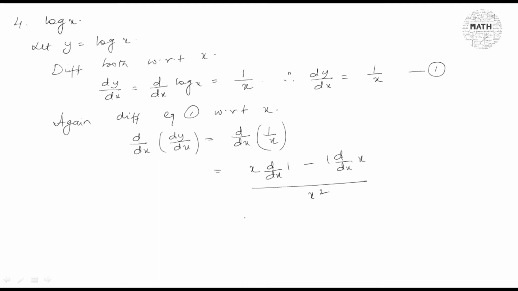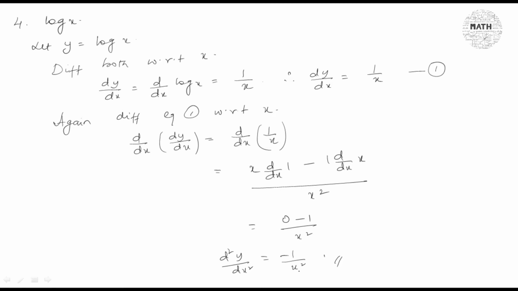Which would be nothing more than 0 minus 1 divided by x square. So in short, minus 1 by x square. So I got your answer over here, d square y by dx square. So that's your answer. You can pause the video and then check once again how to do this one.